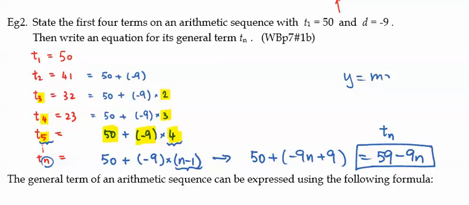When you were drawing your straight line, you start your line from the y-intercept and the numbers continue to go up based on the slope given to us. This time we are starting from 59 at the beginning. Well, not quite at the beginning, because when n equals 1, 59 minus 9 would then give us the first term, 50. And then the second term and the third term and so on by changing the value of your n.